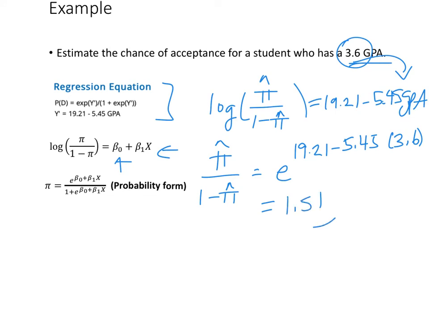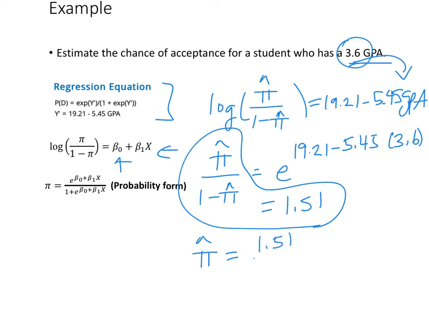You can check that. Okay, so you could solve for pi hat, and what you'll end up getting is 1.51 over 1 plus 1.51, which is equal to 0.60. So this is saying that we expect that a student who has a GPA of about 3.6 has about a 60% chance of being accepted into med school.